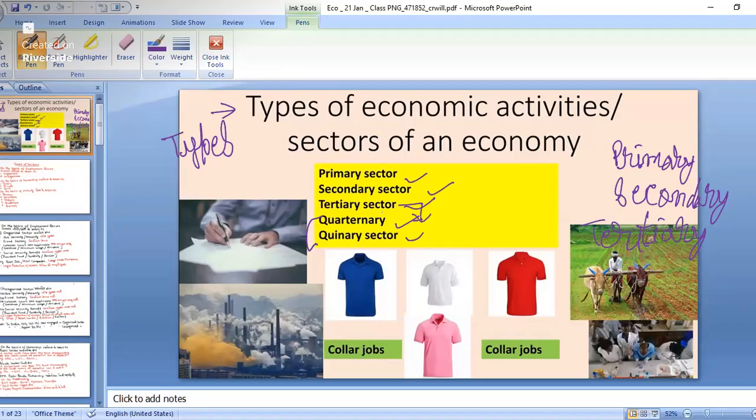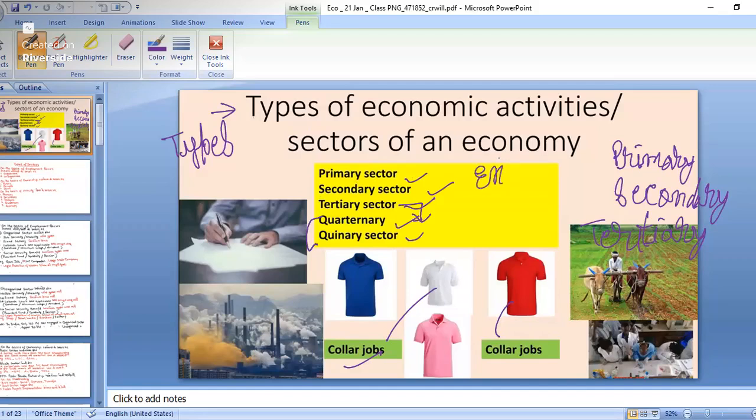All these things we will study in today's class, and also which sector is known as blue collar jobs, which sector's jobs are known as white collar jobs, and which one is known as red collar jobs. Questions are asked from this part.